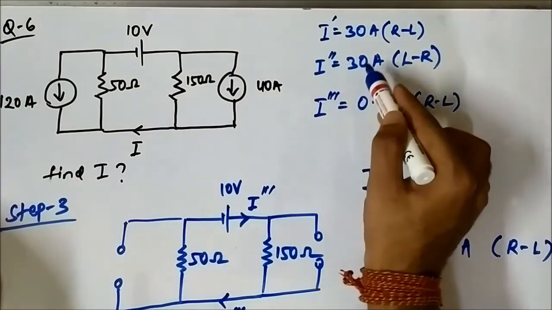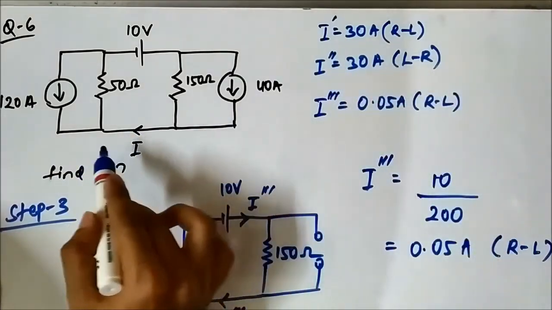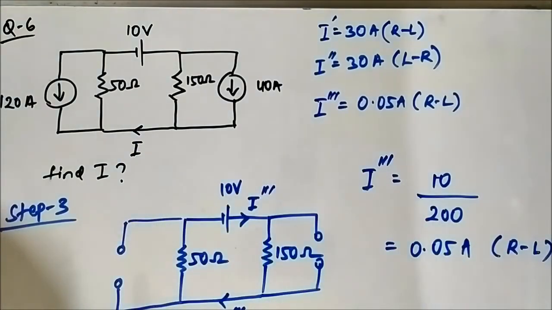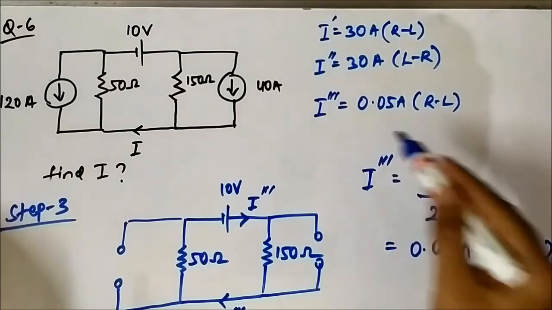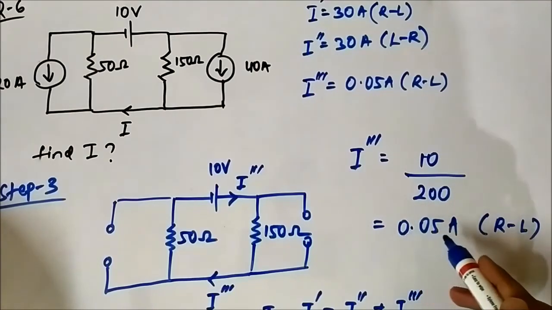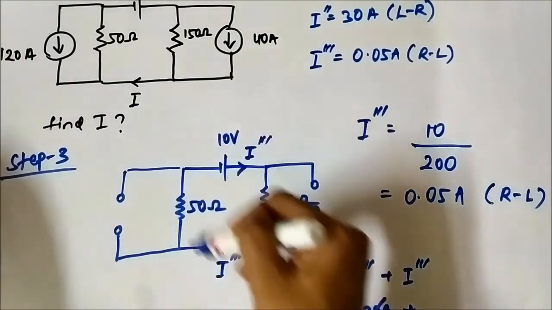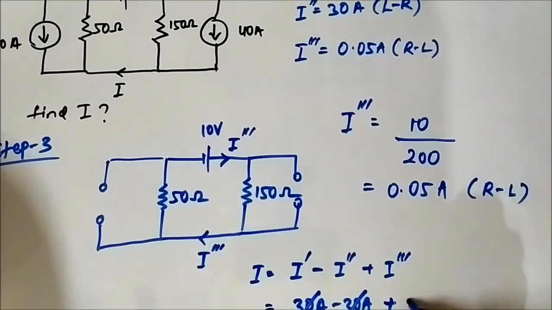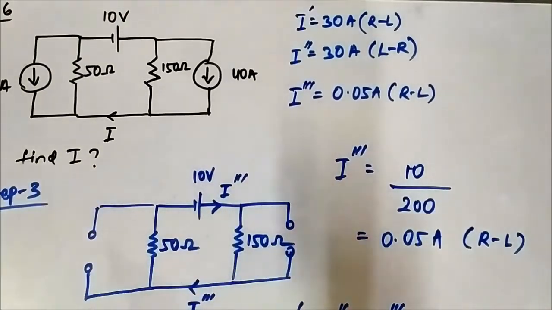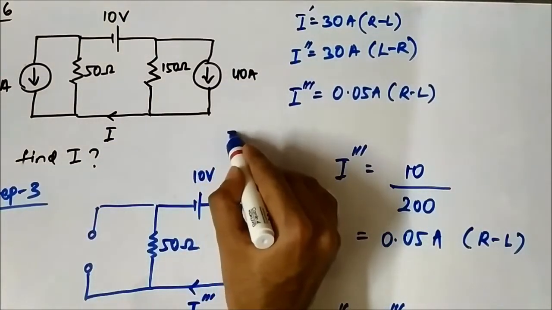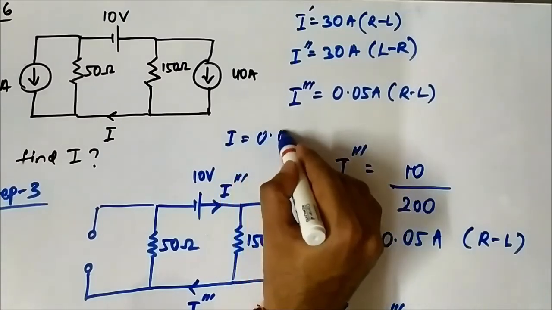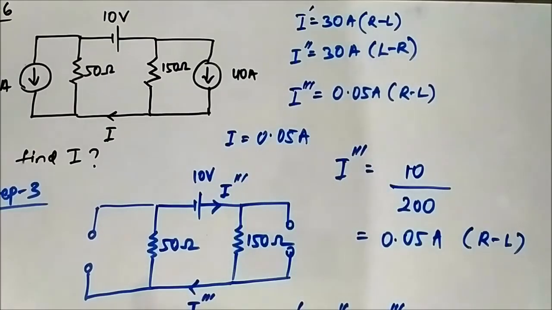I double dash was 30 ampere from left to right, in the opposite direction. So they cancel each other out, 30 ampere minus 30 ampere. Remaining this I triple dash, it is right to left 0.05 ampere, the same as the reference direction. So it will be plus 0.05 ampere. So the current I flowing through this is equal to 0.05 ampere.